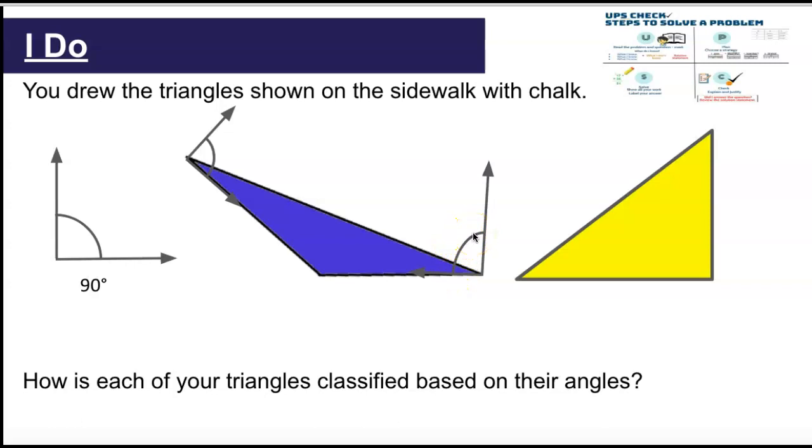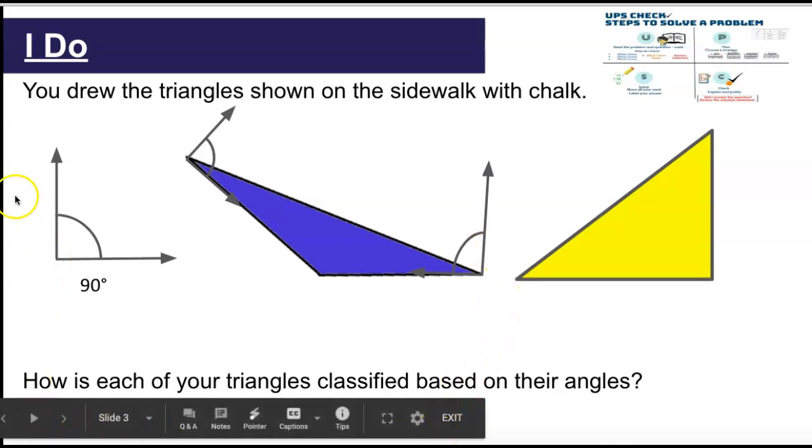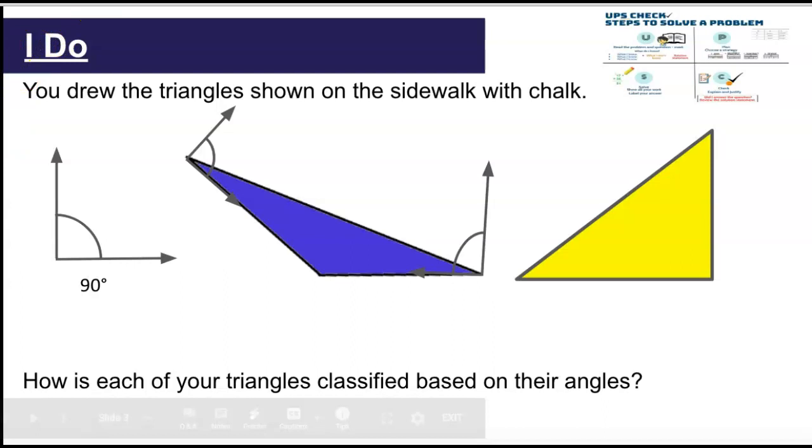This means that these 2 angles are acute because they are less than 90 degrees. I'm going to label them. This is acute. And so is this one.